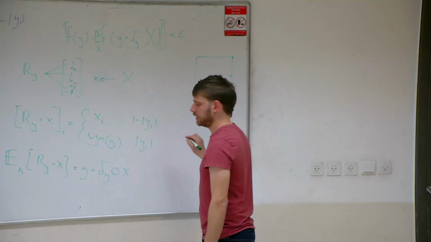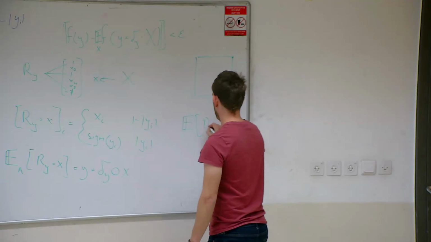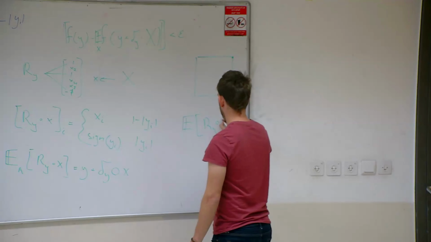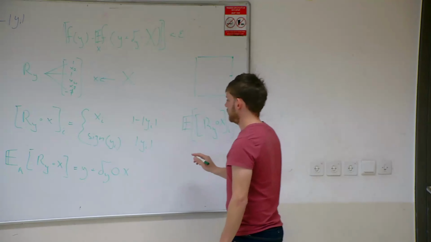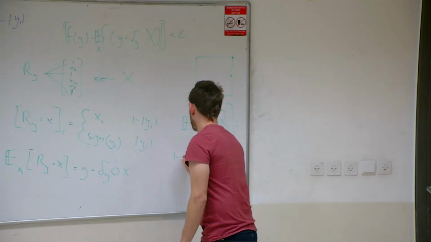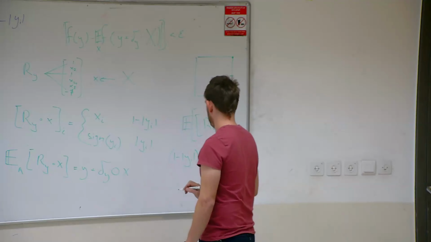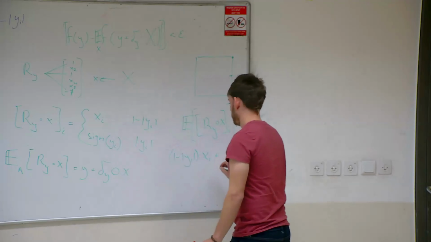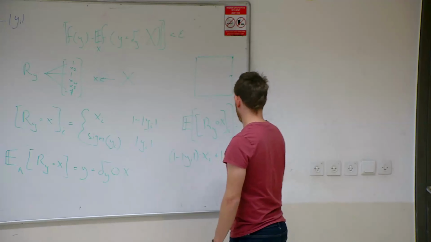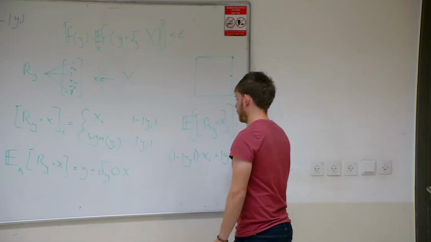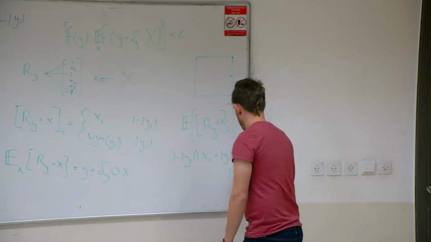You can do it for a single coordinate. The expectation of r, y composed with x on the i-th coordinate is minus yi times xi plus the absolute value of yi times the sign of yi.